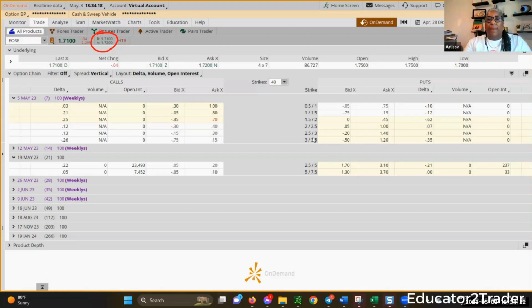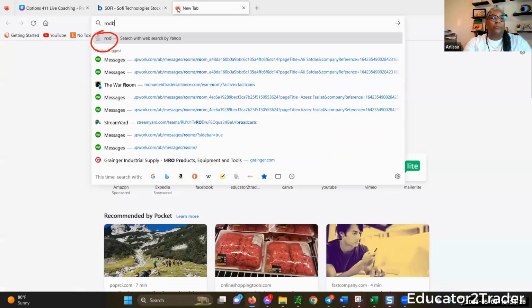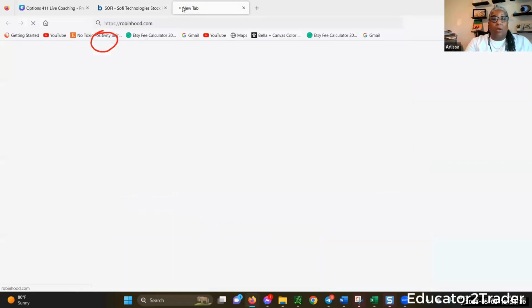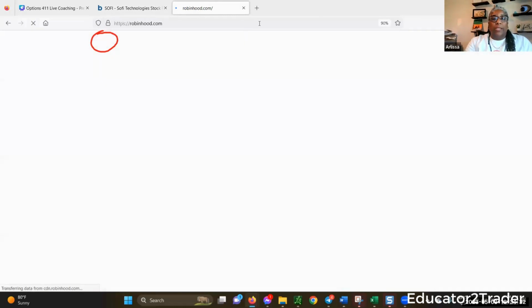I don't know if anybody's buying any shares in Robinhood at this point, but I'm going to show you what I'm talking about. Most of us now are using Thinkorswim, and I think in Webull though, Miss Jackie, if you see where it says bid and ask, this is where you can buy the shares.